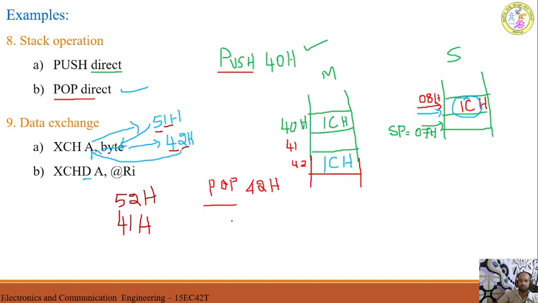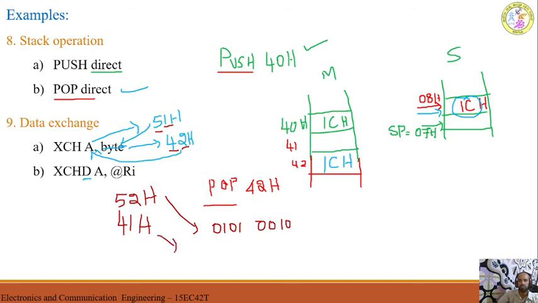So how to write 52 in hexadecimal? This is hexadecimal. So how do you represent this in terms of binary? What is 5? We know that 5 is nothing but 0101. This is 5. And what is 2? 2 is nothing but 0010 in binary.